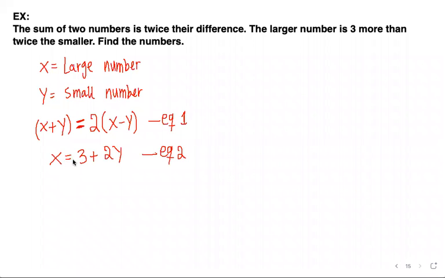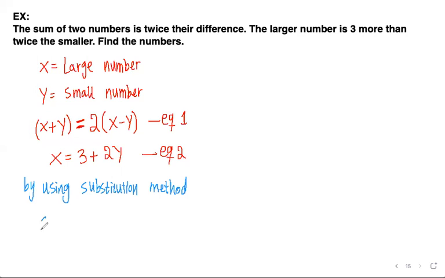The substitution method says I can plug the second equation inside the first one. So plug equation number 2 inside number 1.